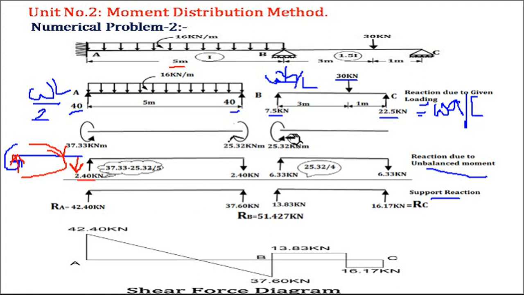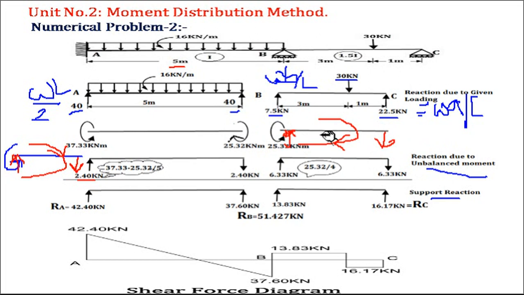Now in portion BC there is only one moment of 25.32 and it is acting in anti-clockwise direction. This will be the unbalanced moment and it will rotate the structure in anti-clockwise direction. To balance this, we have to show the end reaction acting in clockwise direction. That means at support C the reaction should be downward and at support B it should be upward.